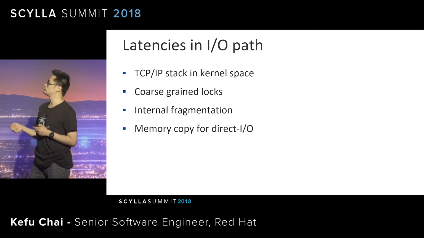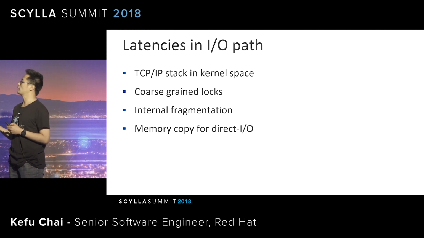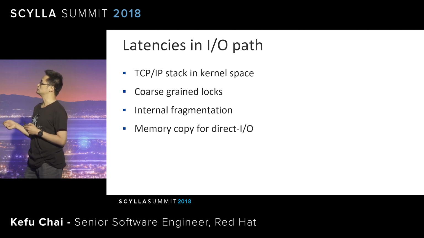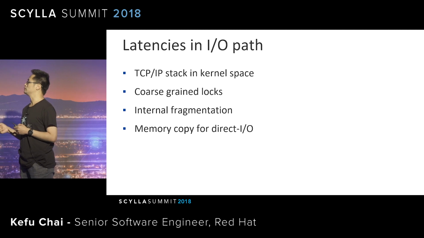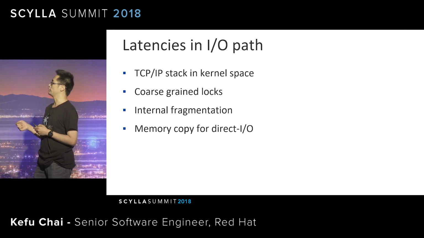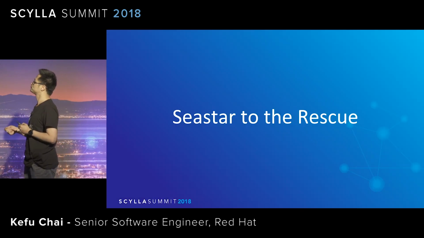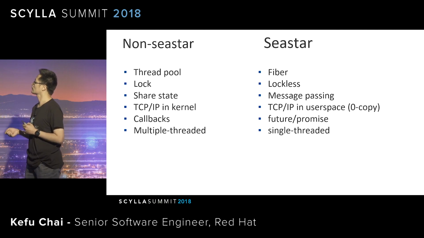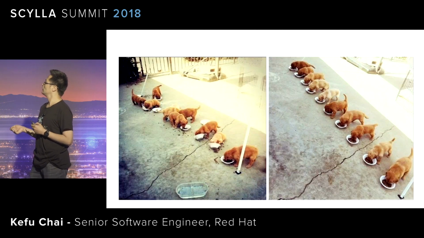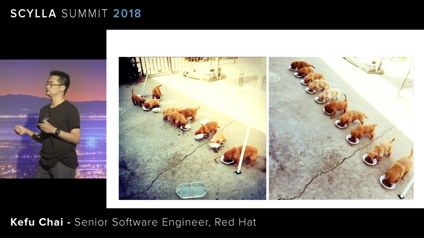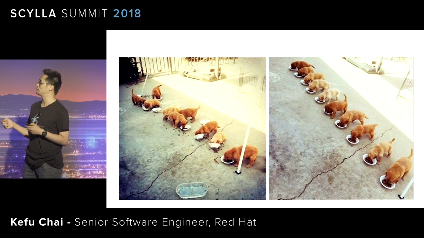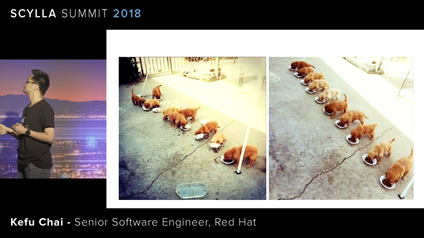It is able to address our problem, for example, the latency and I/O path. It features a user-space TCP stack, and its lockless design can address the problem of our coarse-grained locks. And hopefully, Seastar can help us to tame the puppies to eat in their own plates without any competition.